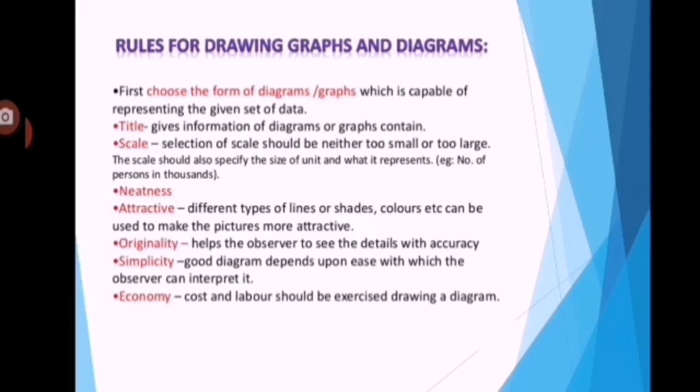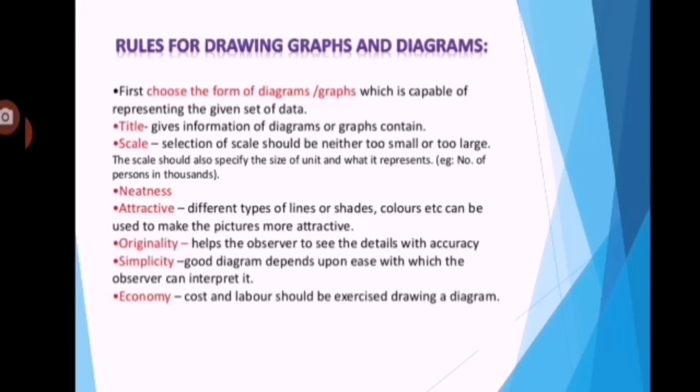Neatness. Yes, neatness is very important. It is also attractive. Next, attractiveness. Different types of lines, shades, colors, etc. can be used to make pictures more attractive. Yes, different types of colors put in the graph make it very attractive. And originality. Yes, it helps the observer to see the detail with accuracy.